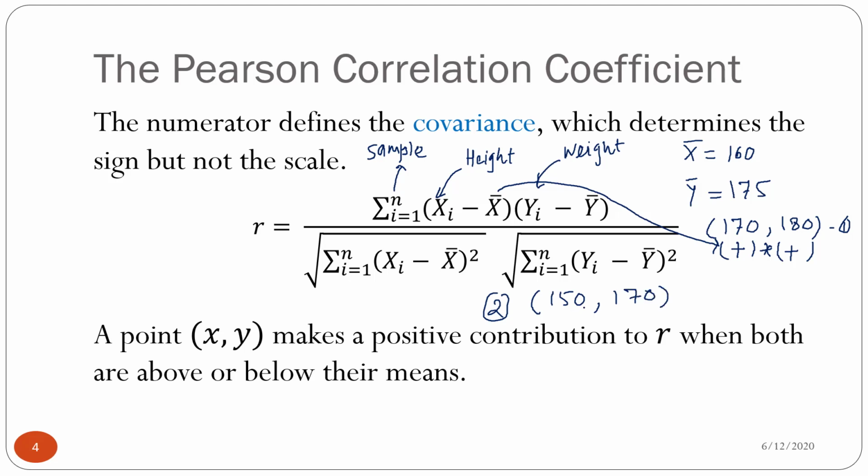So if you have 150 and 170, and you know that x bar, which is the mean of x, is 160 and the mean of y is 175, then in this case your xi minus x bar would be negative, and similarly your yi minus y bar would be negative, and the result would be positive.